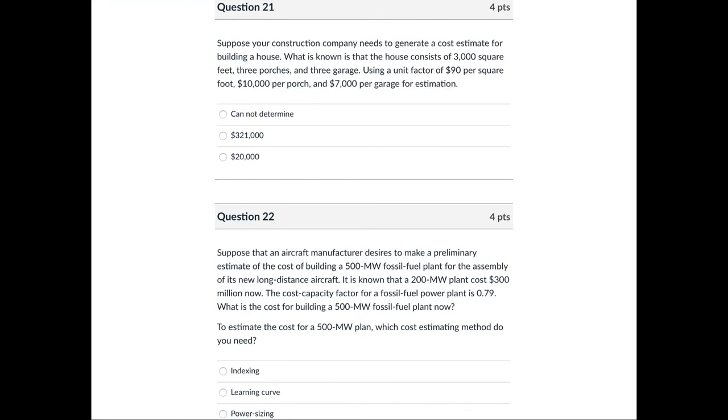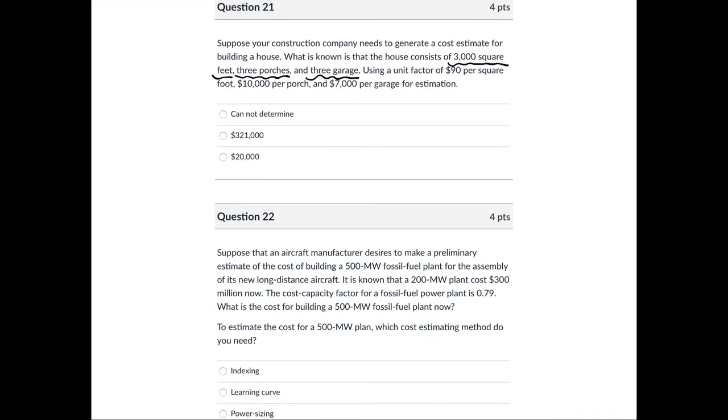Suppose your construction company needs to generate a cost estimate for building a house. What is known is that the house consists of 3,000 square feet, okay, the house size, 3 porches, 3 garages. Using a unit factor of $90 per square foot, 10,000 per porch, and 7,000 per garage for estimation.